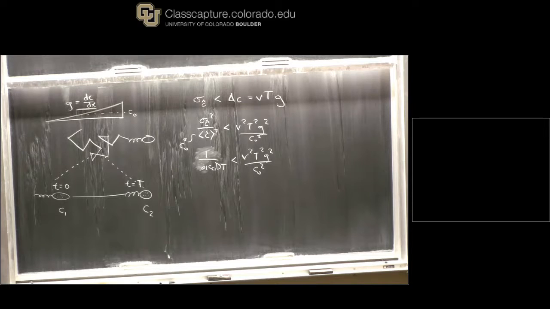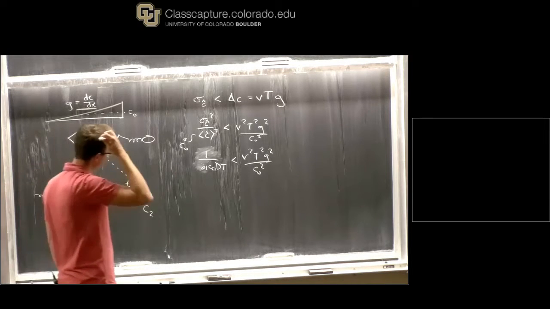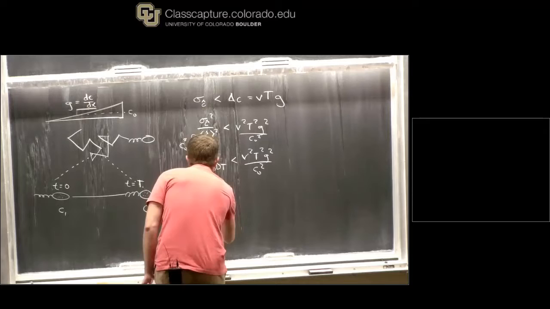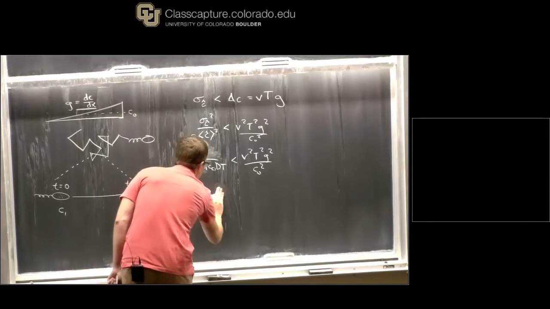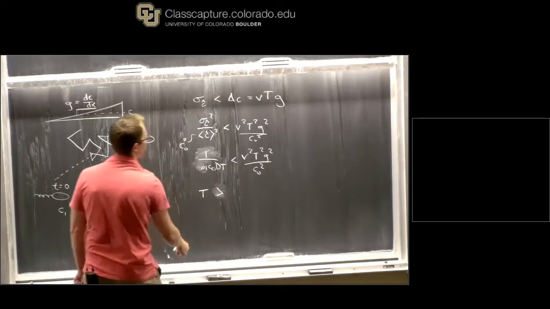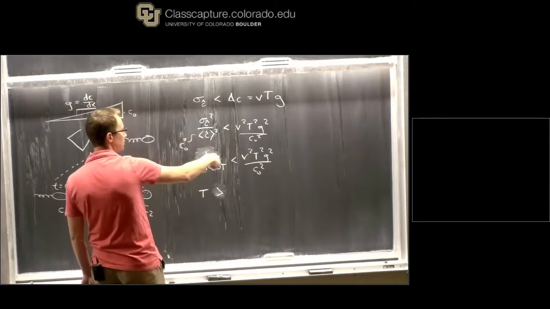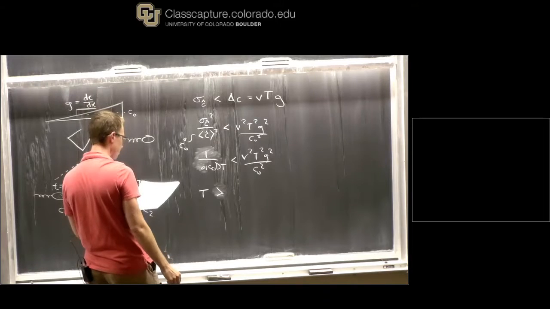And I'm going to solve for t. Solving for t says that t needs to be greater than, I can pull this t over everything else and then I can raise to the 1/3 power.